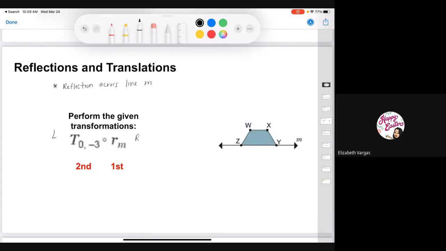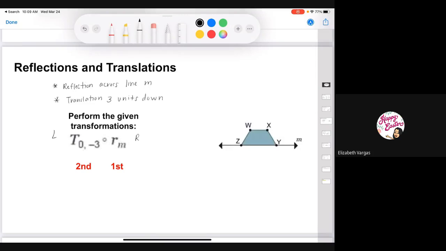And then because we're going from right to left, our next one will be a translation. We know how to read this. We don't move any way right or left because it's a 0, but we do move 3 units downward because we have a negative b.